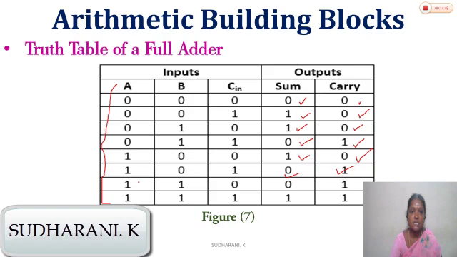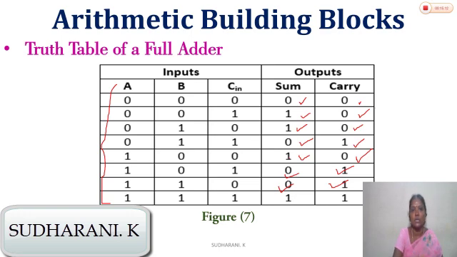When A and B both are 1 and C in is a 0, then we have 2 ones in the input, so sum is 0 and carry is 1. When all the inputs are 1, then sum and carry both will be 1.